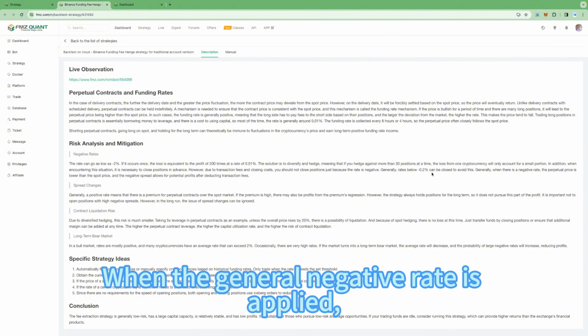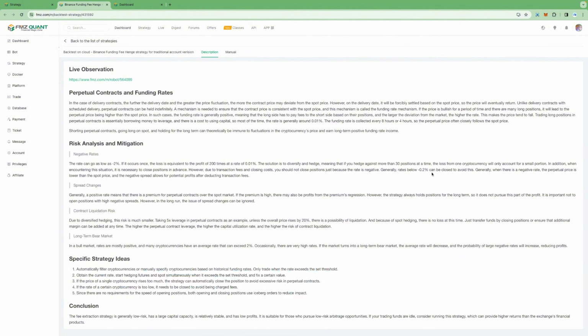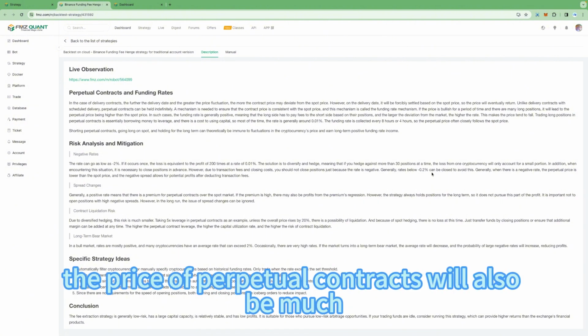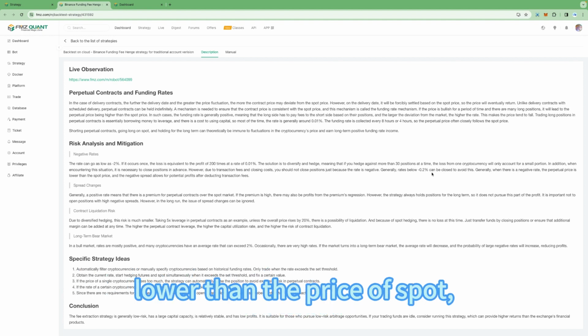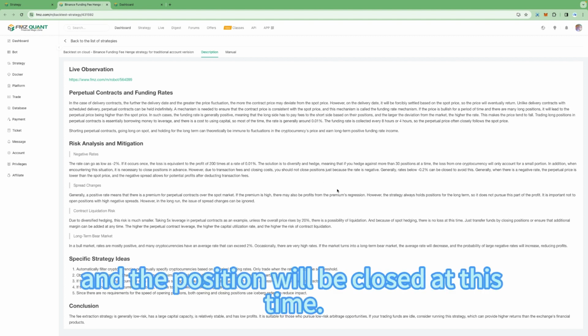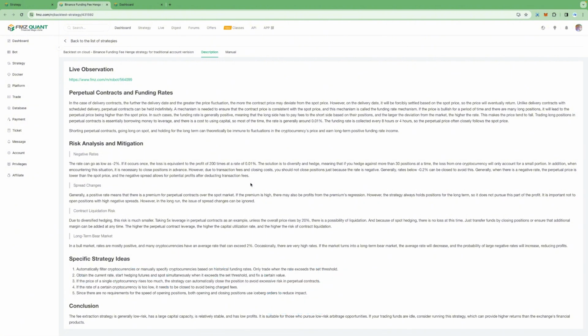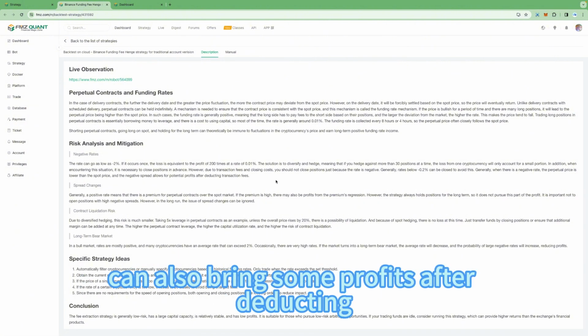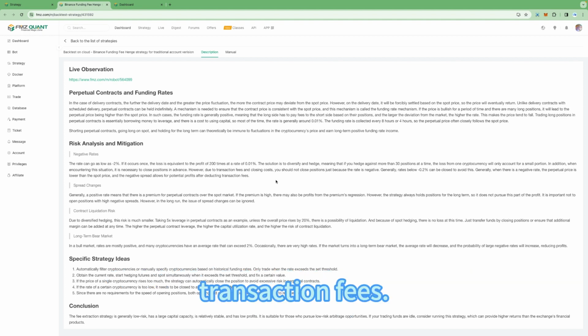When the negative rate is that large, the price of perpetual contracts will also be much lower than the price of spot, and the position will be closed at this time. The negative premium can also bring some profits after deducting transaction fees.